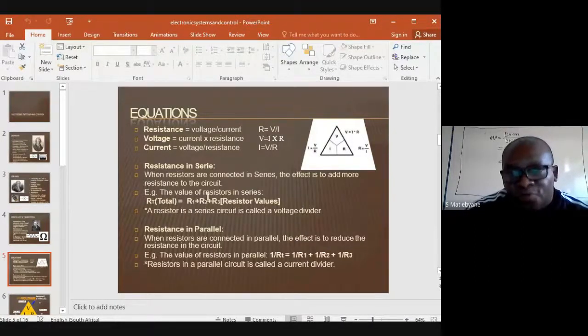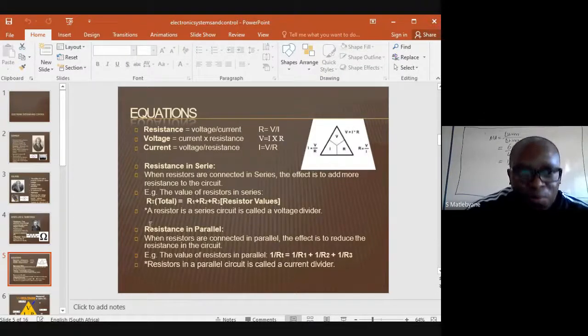If you have two resistors, it will be R1 plus R2. If there are three, it will be plus R3. If you have 100 resistors in series, it will be R1 plus R2 plus R3, and so on until plus R100. Then you add them together, then you get the total resistance of the circuit.